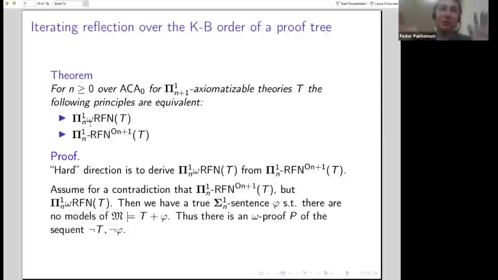So basically, non-existence of omega models implies existence of a certain omega proof, more precisely a cut-free omega proof.